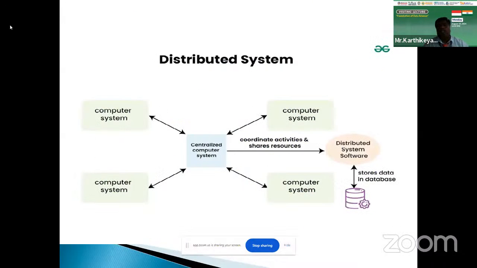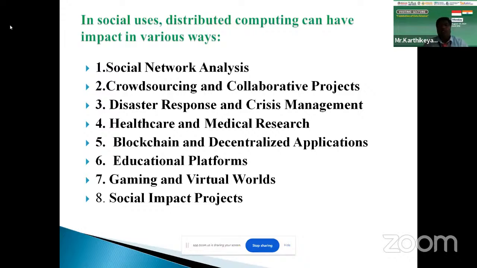This is the block diagram of a distributed system. Here the centralized computer system is connected to various parts of the computer system, coordinating activities and sharing resources. In social uses, distributed computing can have various impacts. The first one is social network analysis.